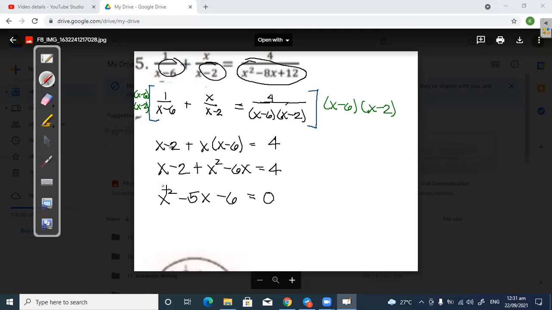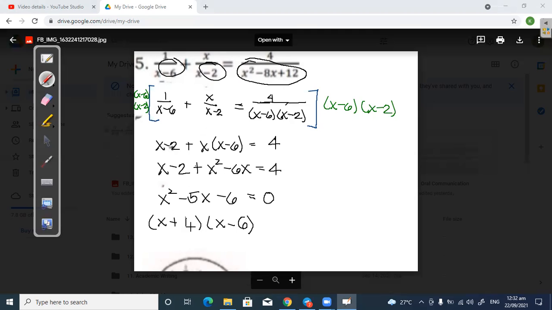Now, ito pwede pa nating ma-factor din yan. Right? So, again, paano tayo mag-factor? Dito sa last term, isip lang tayo kung ano yung factors niya. That is, kapag pinag-multiply mo, it will give you negative 6. And kapag pinag-add mo, it will give you negative 5. So, what are those numbers? Negative 6 and positive 1, right?